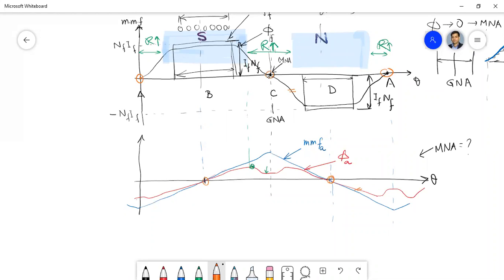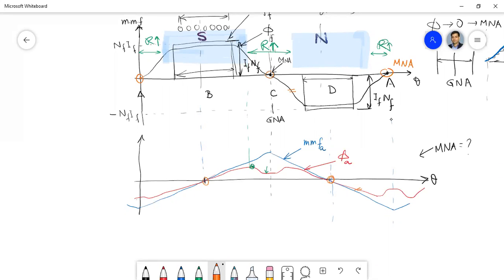This A is another MNA. So MNA always will be two. So that means the number of poles determines the number of MNA. So if there are 4 poles, then you will get 4 MNAs. So here also we'll get 2 MNA, in field as well as in armature.